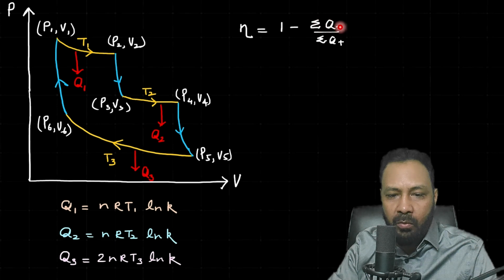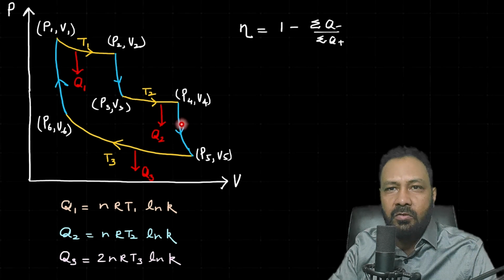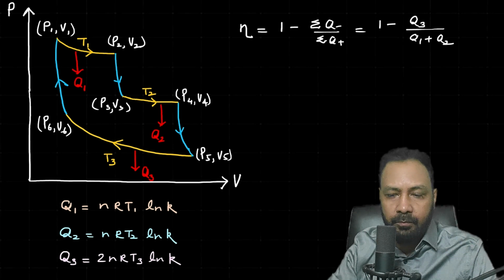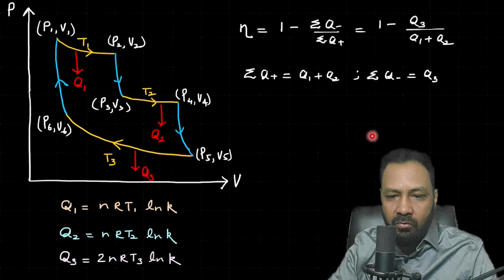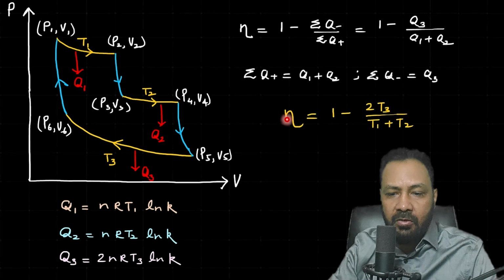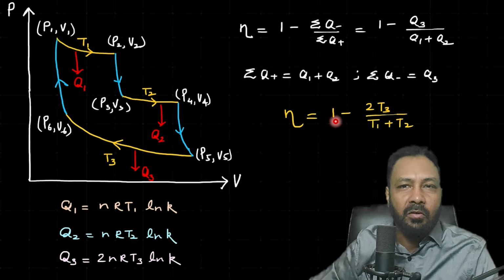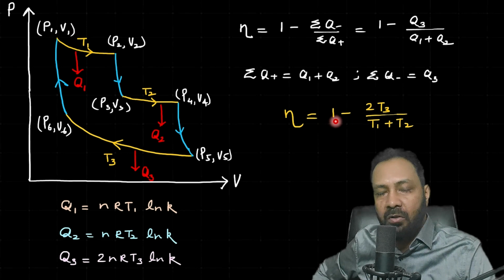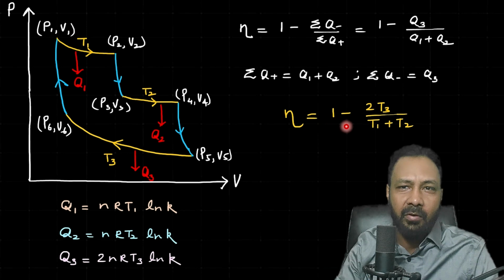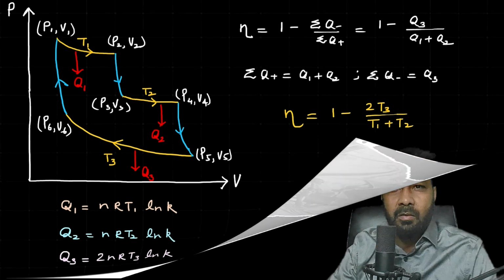So sigma Q minus is equal to Q3 and sigma Q plus is Q1 plus Q2. So that would be 1 minus Q3 upon Q1 plus Q2, and just put the values of Q1, Q2, Q3, and nR ln K will get cancelled from each. So we will get eta equal to 1 minus 2 T3 upon T1 plus T2. So that would be our answer.